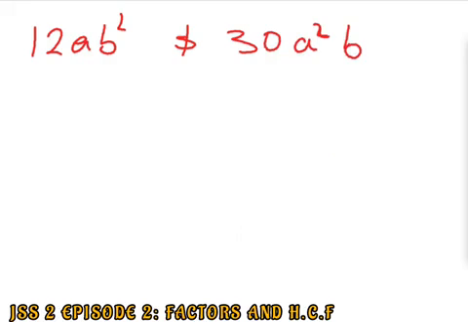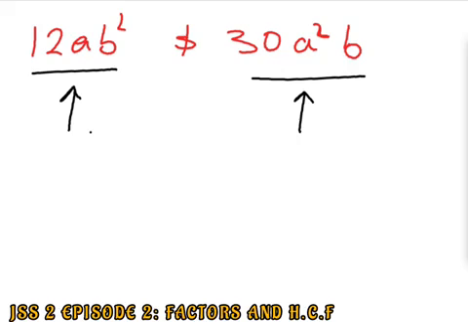What you are to do to get your answer is this: look for the factors of 12ab squared, and then look for the factors of 30a squared b. Having done that, you are going to go to the smallest number in your question. Among these two numbers, which of them do you think is the smallest?